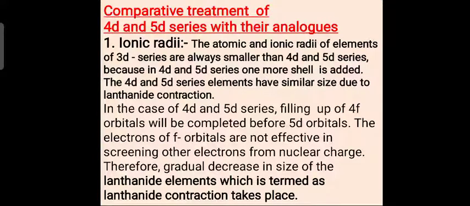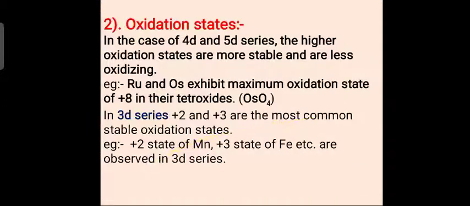The electrons of f orbitals are not very effective in screening other electrons from nuclear charge. Therefore, a gradual decrease in size of the lanthanide elements takes place, which is known as lanthanide contraction. So we shall move to the next slide.